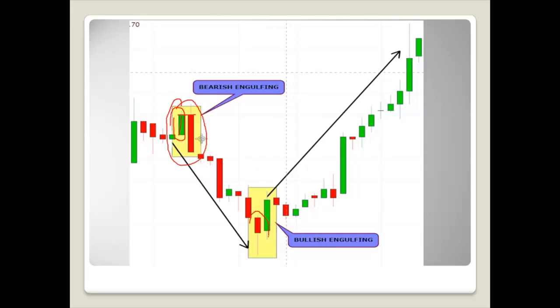The red candle has been engulfed by the bullish candle. It represents that in this area the buyers have lost their control to the sellers. Now the market starts to come down, and when the market came here, the buyers are back in control of the market, and the market started to move up.